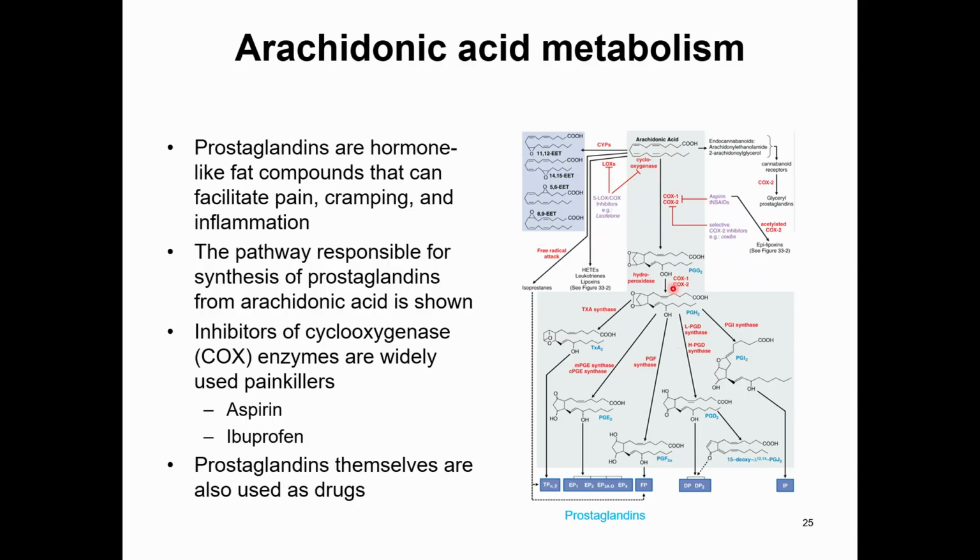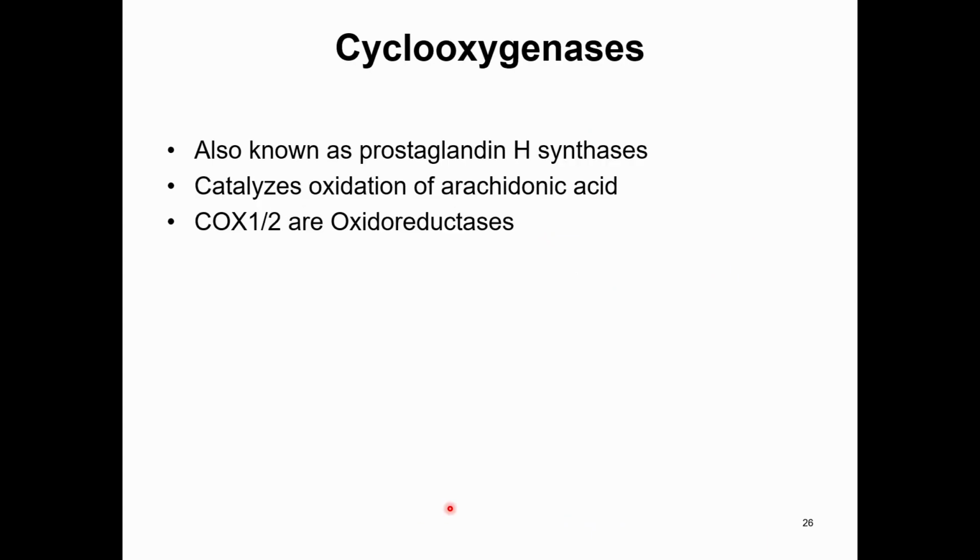So what happens if you inhibit those enzymes, COX-1 or COX-2? Less prostaglandins, right? Okay. And so, not that tough to interpret, really. So aspirin and ibuprofen are COX inhibitors. And sometimes prostaglandins can be used as drugs too.